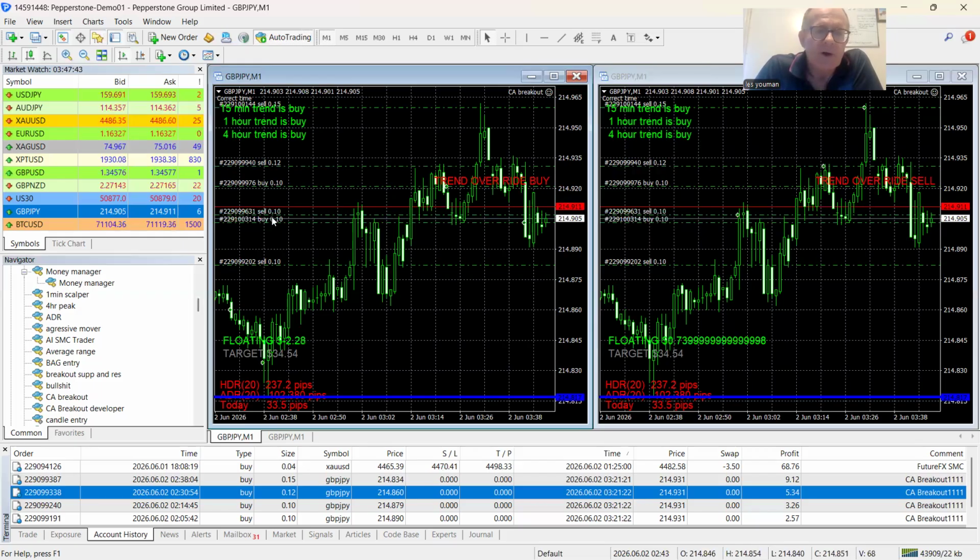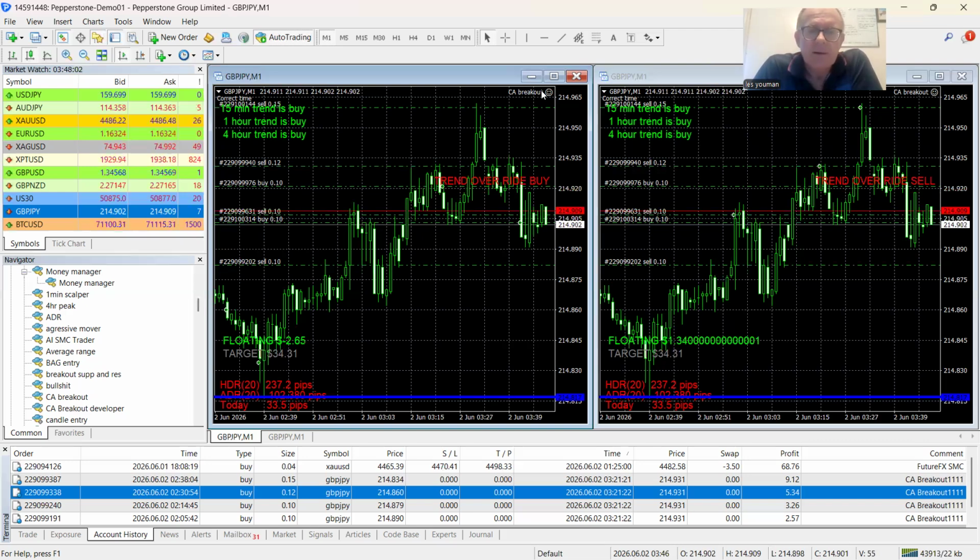And then likewise with the buy orders, it took out a buy order here. And then as the market moved down further, it took out another buy order. And if the market moves up, it will close out all the buy orders and take that required profit. Obviously, because it's hedging, this will only be usable in a nice ranging market.